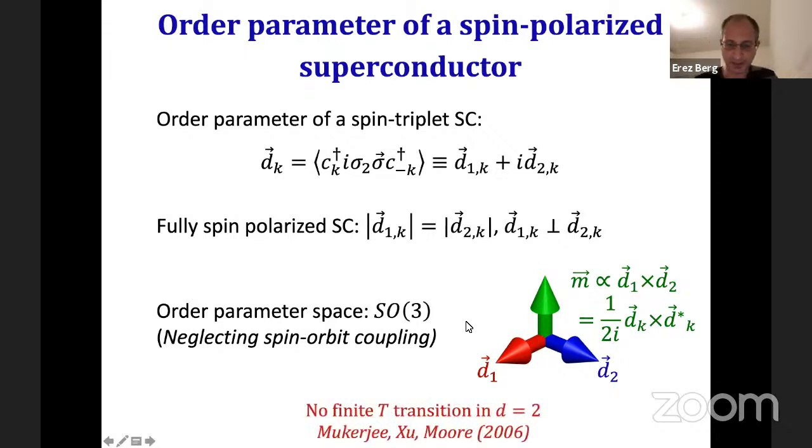Now in such a system, in principle, TC in 2 dimensions is always 0. That's because of the Mermin-Wagner theorem. To get a superconducting state in the absence of spin-orbit coupling, you really have to break a continuous SO3 symmetry, and you cannot do that. So TC, strictly speaking, is actually 0.